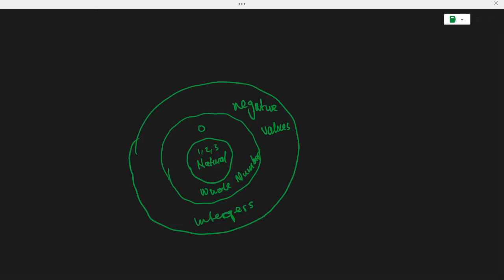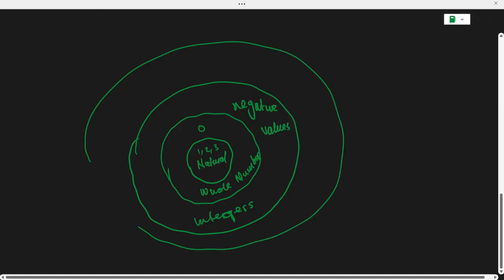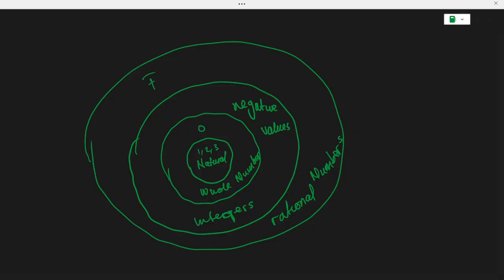The next set that we are going to have is the set of rational numbers, because we are including fractions. And we have a distinct set that is just alone, which we are calling irrational numbers.